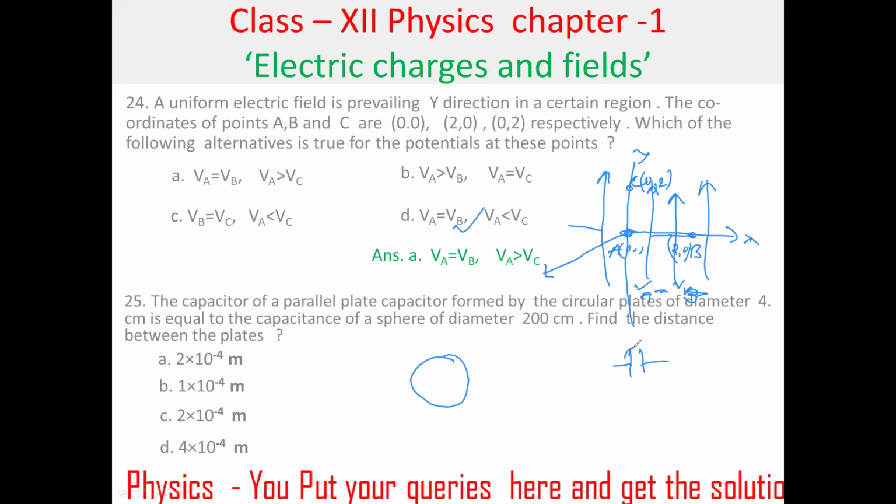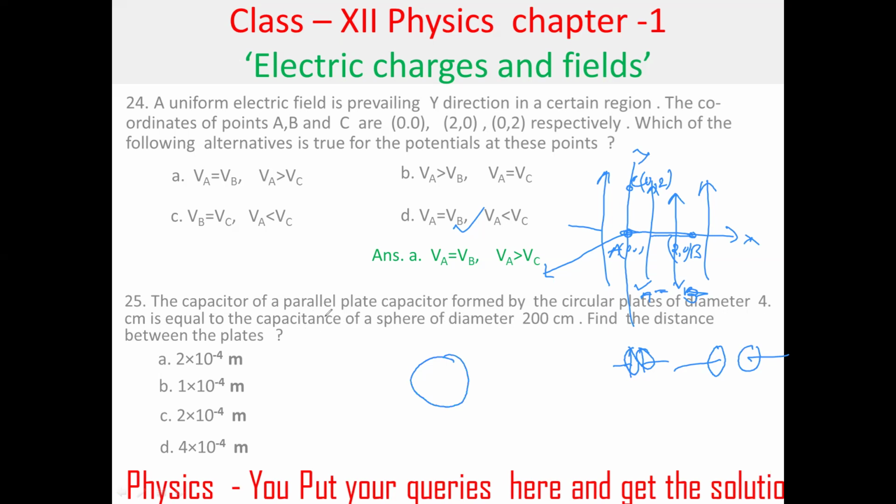The plates are circular. So this is a capacitor. Two plates may be circular, maybe a square, maybe a rectangle, whatever. These are the plates of the capacitor, with diameter 4 cm, equal to the capacitance of the sphere.